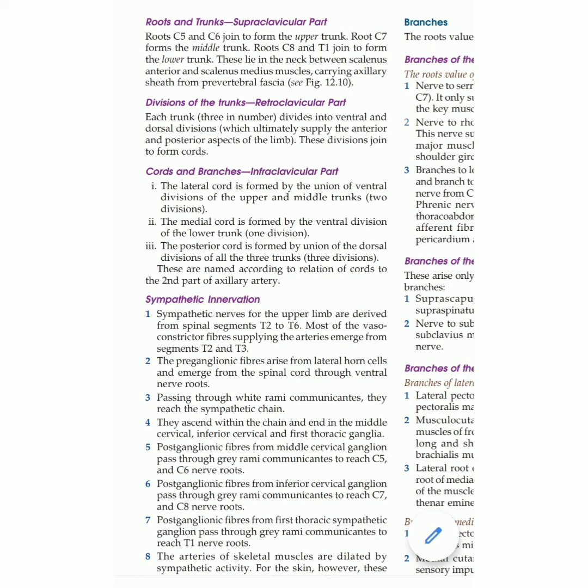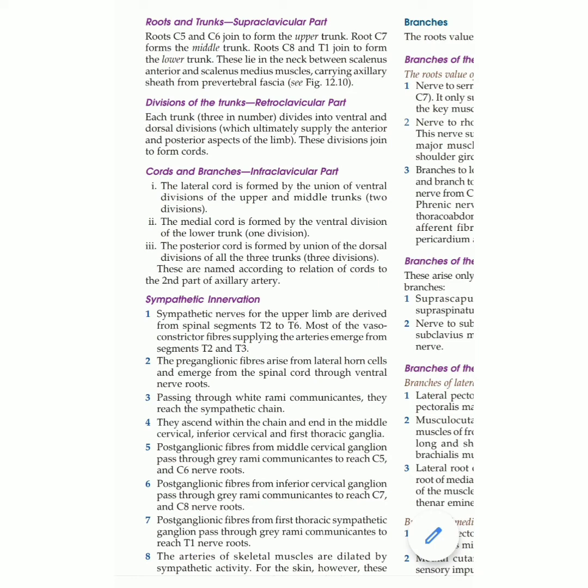The preganglionic fibers arise from the lateral horn cells and emerge from the spinal cord through the ventral nerve roots. 3. Passing through white rami communicantes, they reach the sympathetic chain. 4. They ascend within the chain and end in the middle cervical, inferior cervical, and first thoracic ganglia.